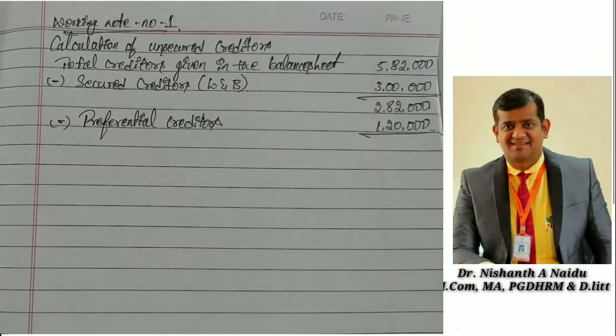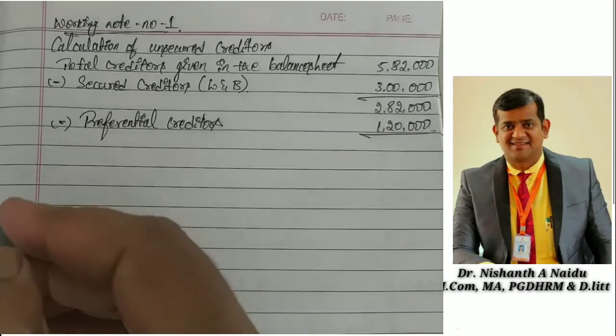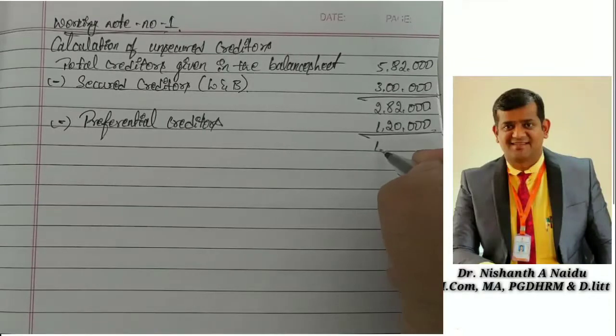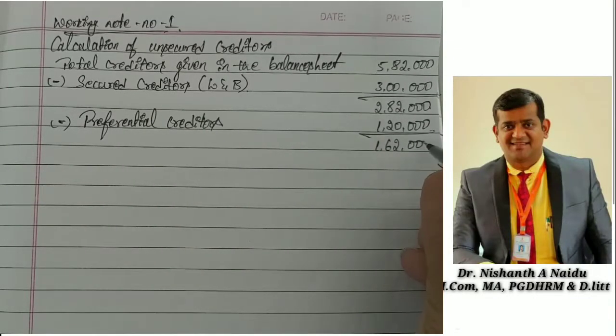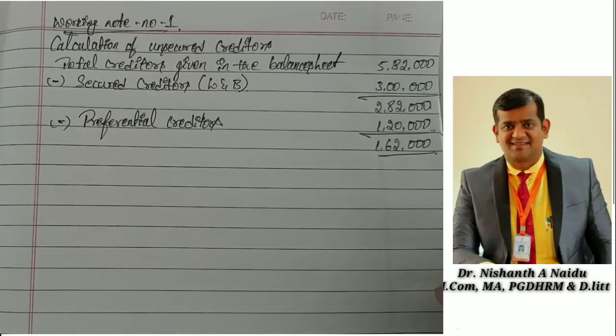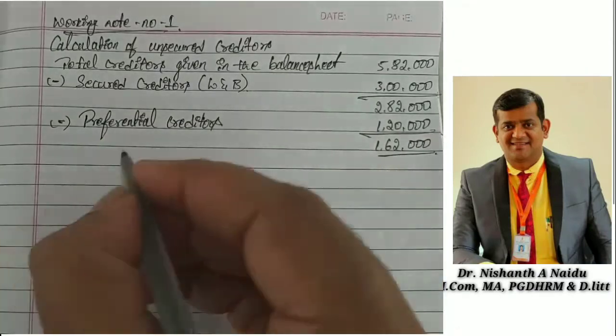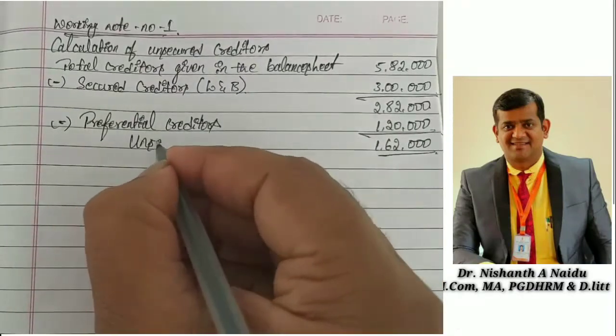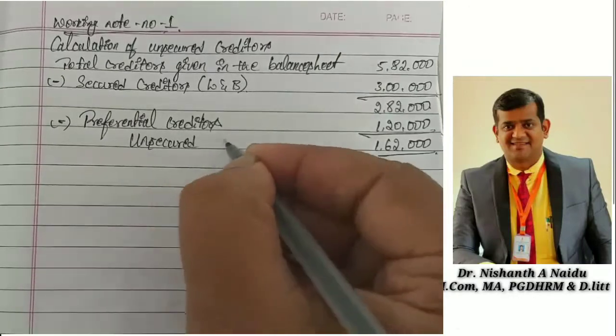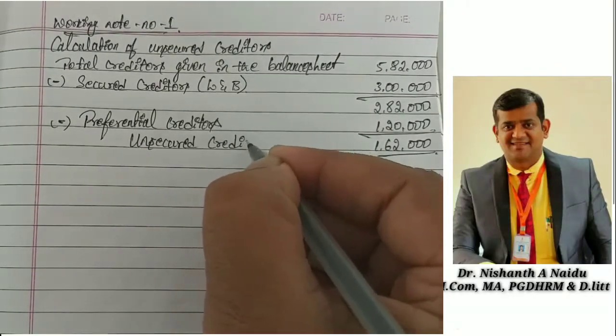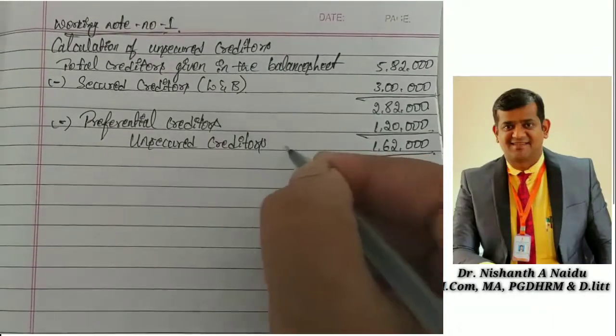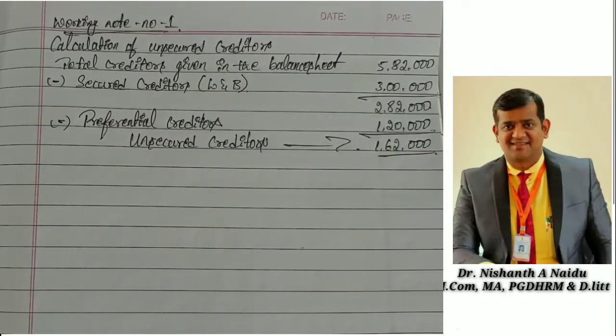Deduct that, 2,82,000 minus 1,20,000 comes to 1,62,000. So that is unsecured creditors. Unsecured creditors 1,62,000. So we got the value of unsecured creditors, right?